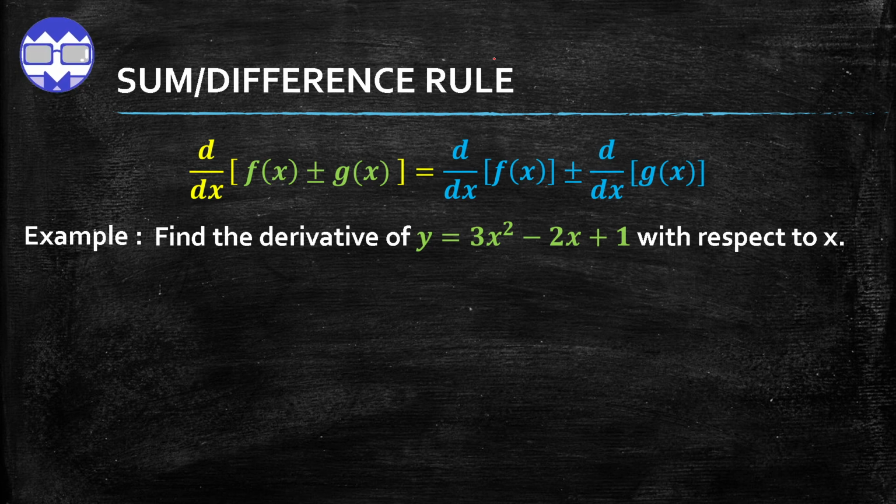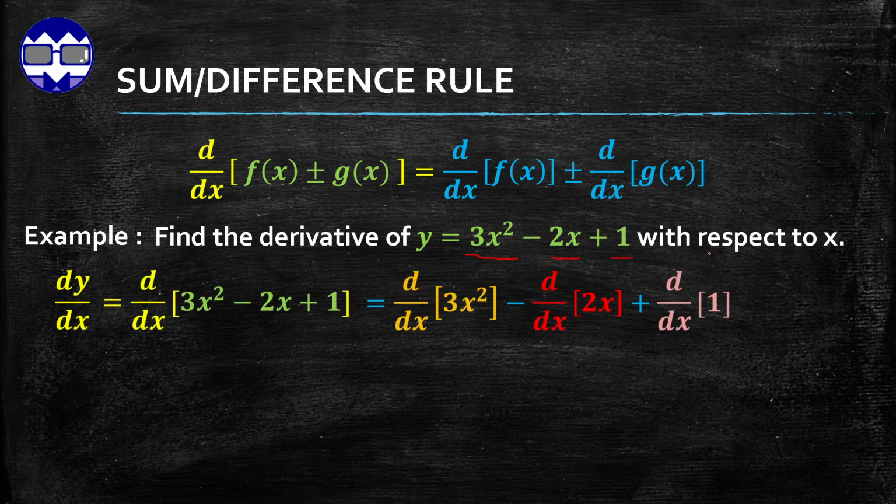So instead of solving it in one go, we can actually divide. So we just get the derivative of 3x squared, then derivative of 2x, then derivative of 1. So that's why here we can rewrite this one as derivative of 3x squared minus derivative of 2x plus derivative of 1. So you'll get the derivative of each term.